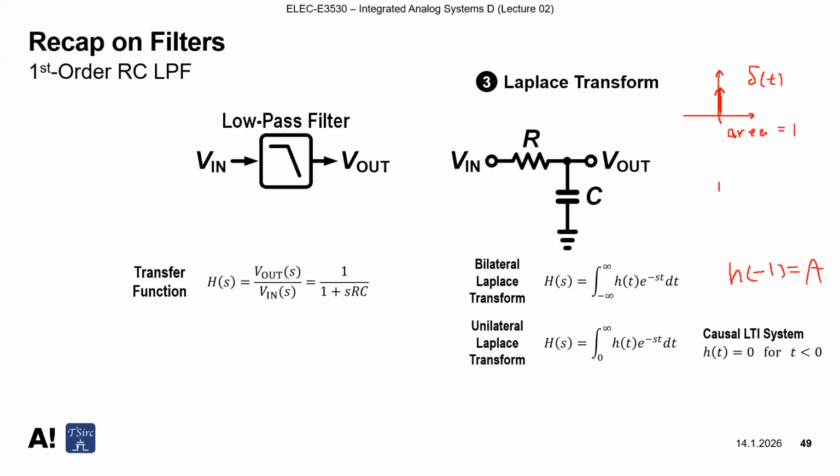Then the impulse response, by definition, let's call it this way. This is the impulse response. So when we analyze our impulse response with the negative 1 as an input, there is some non-zero output value.